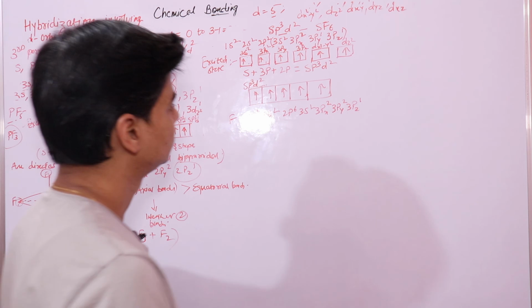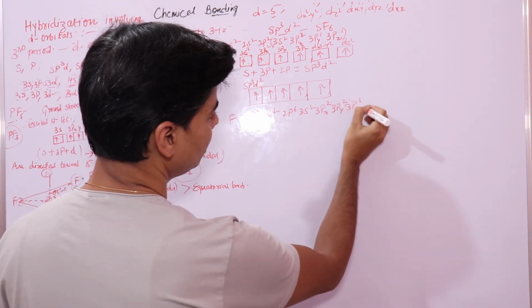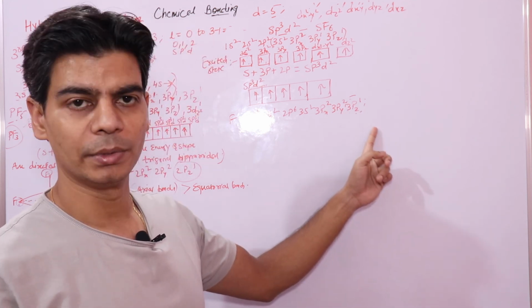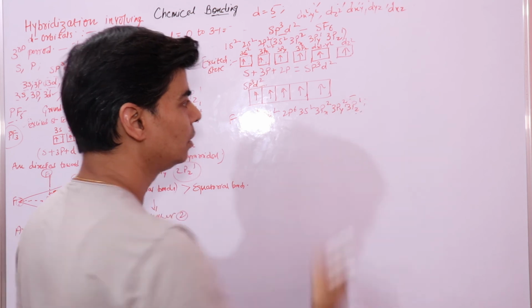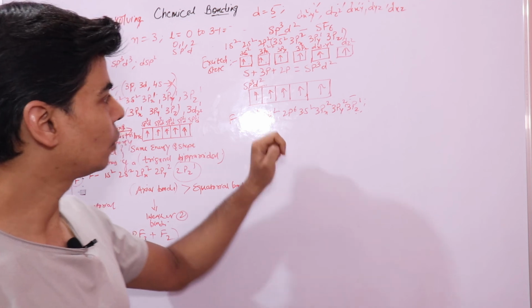This is the electronic configuration for fluorine, and you can see the fluorine atom has one half-filled orbital, the 3pz orbital. Now this 3pz orbital will overlap with each of these singly filled sp3d2 orbitals of the sulfur atom.